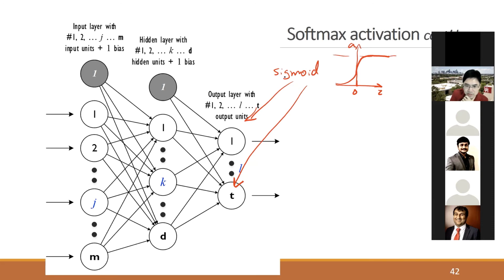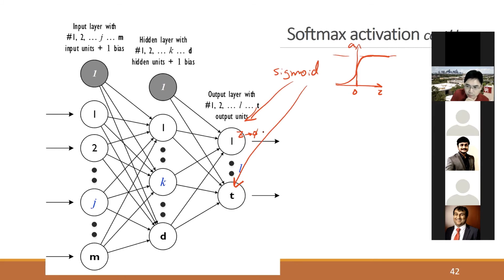If we use Sigmoid activation on each and every node in the hidden and the output layer, not the input, particularly on the output layer, this is what happens. We go from Z to the activated value.